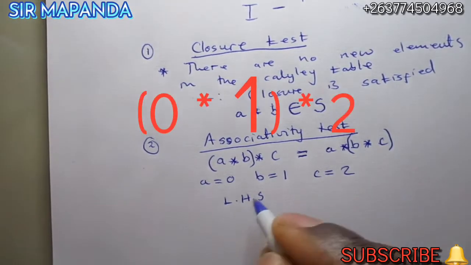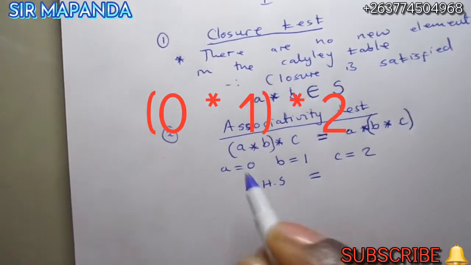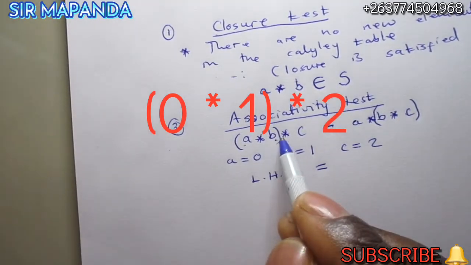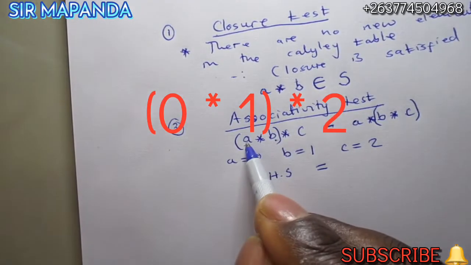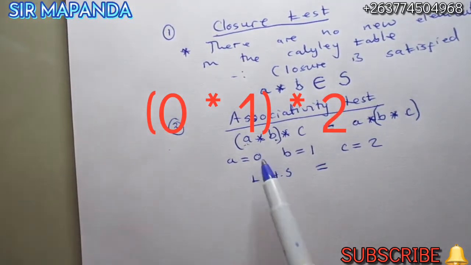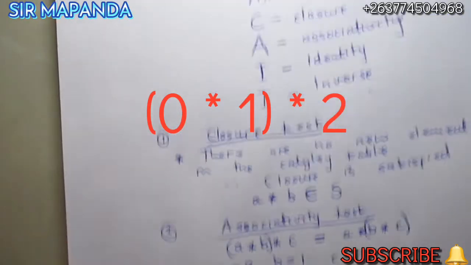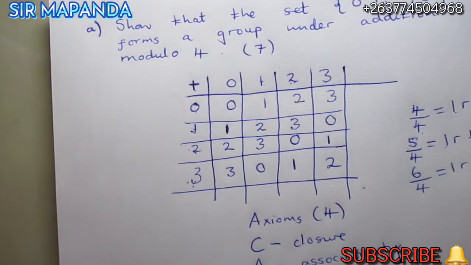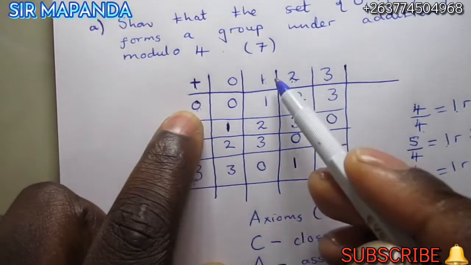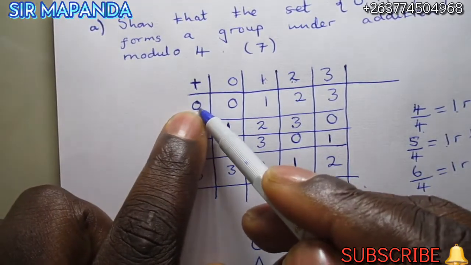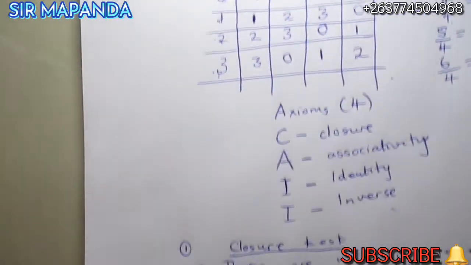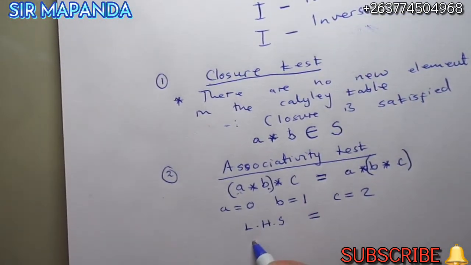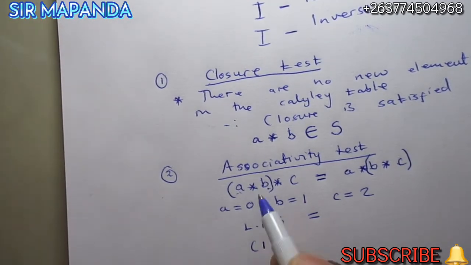Remember, on the left-hand side, we have A, binary operator B in brackets, binary operator C, where C is outside the bracket. Right. So what is A? A is 0. So we need to find 0 binary operator of 1 from the Cayley table. Right. So this is 0, right? And this is 1. So 0, binary operator of 1, you get 1. I hope you are following. So this entire bracket is going to be represented by 1, right?